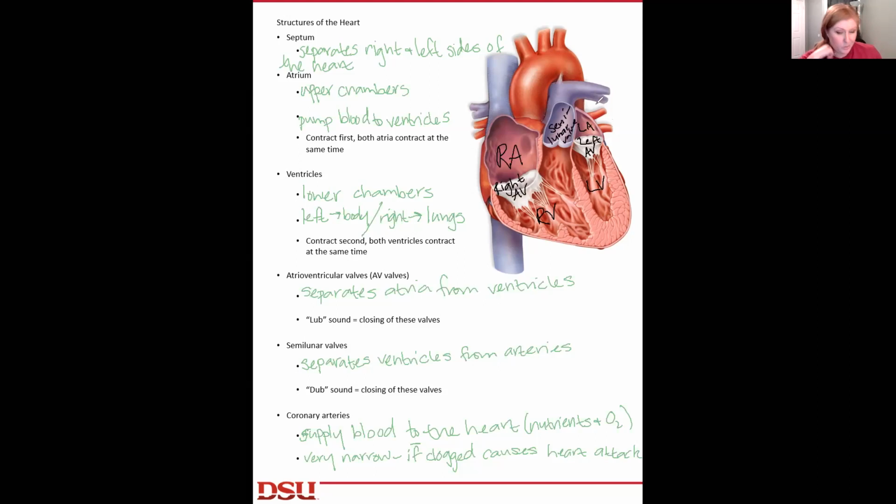Let me tell you what I strongly suggest after teaching this course for a couple years. The semilunar valves can be hard to see, which is why you don't usually see both of them at the same time in a diagram or image. I would really encourage you to do a Google image search for these valves independently. Look up the AV valves in the heart, and look at images from as many different angles as you can to locate them.